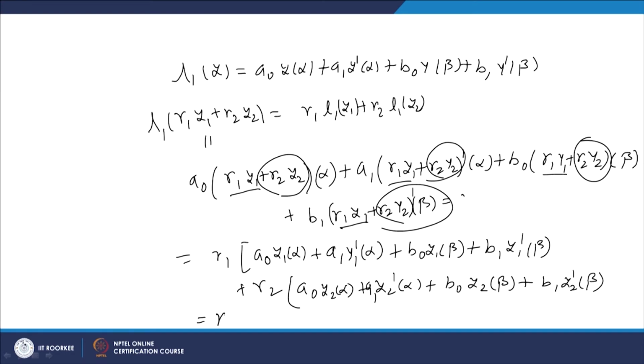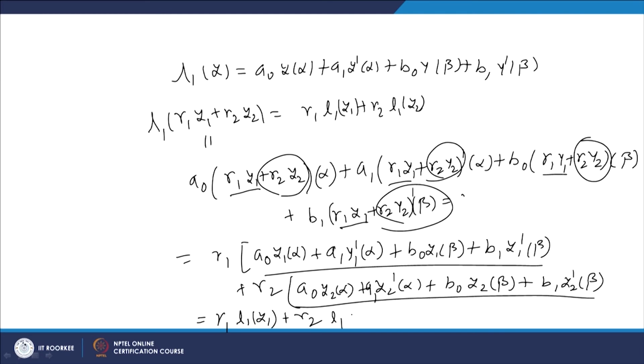So this is R1 times L1 in terms of y1, plus R2 times L1 y2. So we have shown that L1 of R1 y1 plus R2 y2 is equal to R1 L1 y1 plus R2 L1 y2.